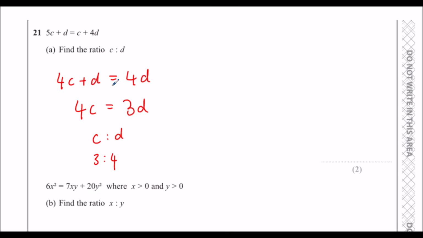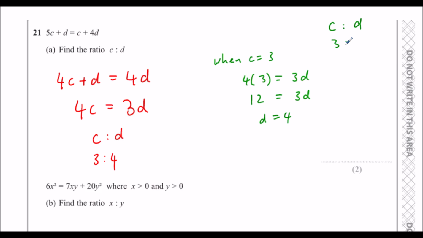What you can also do is you can look at numbers that work for these. So if c is 3, when c equals 3, we've got 4 times 3 equals 3d. So 12 equals 3d. Divide both sides by 3, d equals 4. So when c is 3, d is 4.